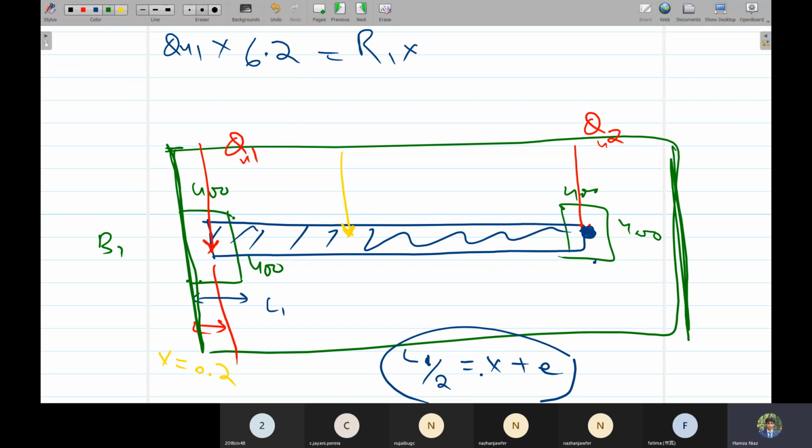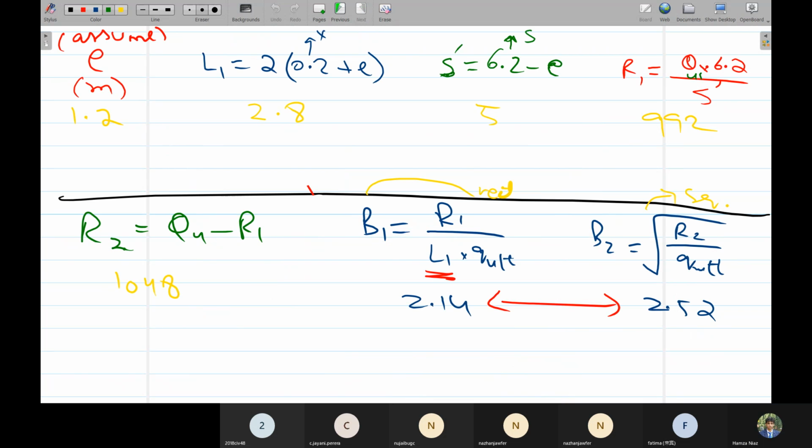This is B1, this is B2. It should not be different. So we have to perform a trial again. This is the hit and trial method, so we have to assume another value of E. The B1 value, 2.14, is lesser and the B2 value is greater.